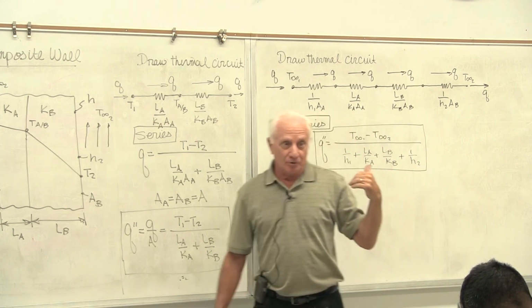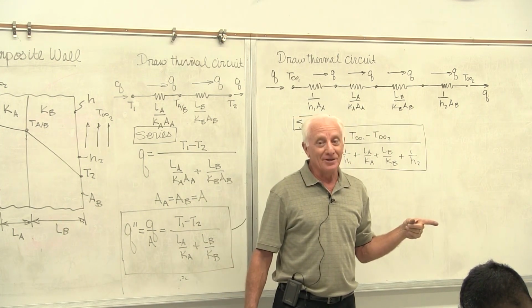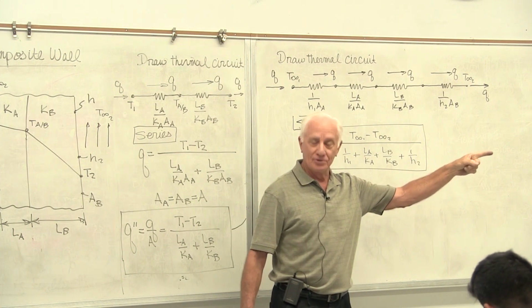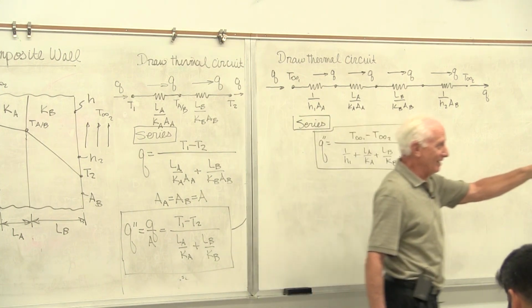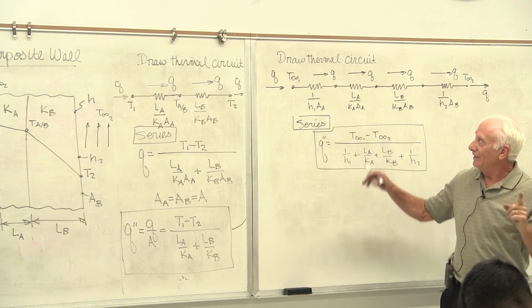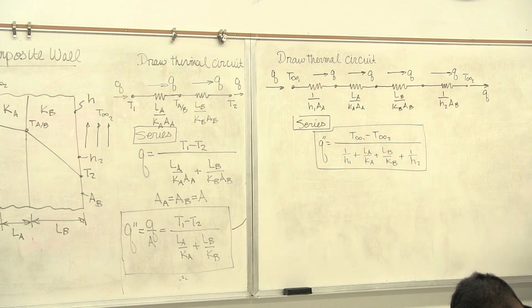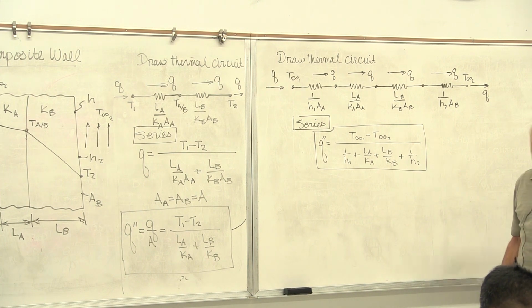But do you know the temperature in this room? Oh, yes, you do. I can hold a thermometer here and read it. The temperature in the hallway? Oh, sure you do. I can hold a thermometer in the hallway. So normally you know these two because they're easy to find. Most people don't carry around a surface temperature transducer for the walls. But they can tell you the temperature in the room.